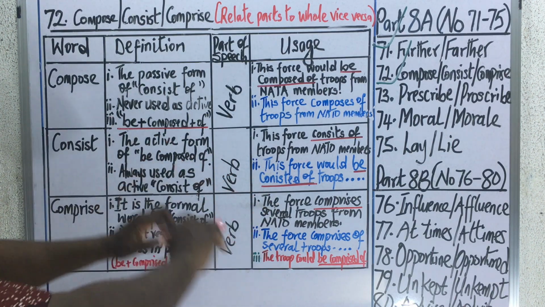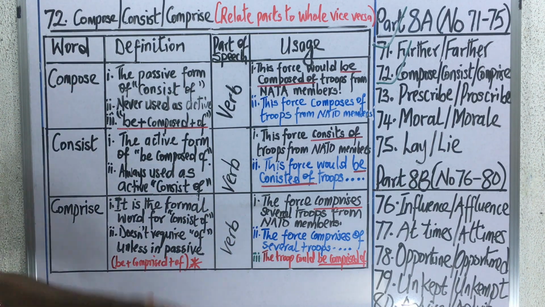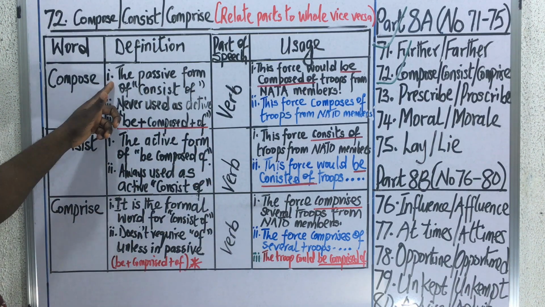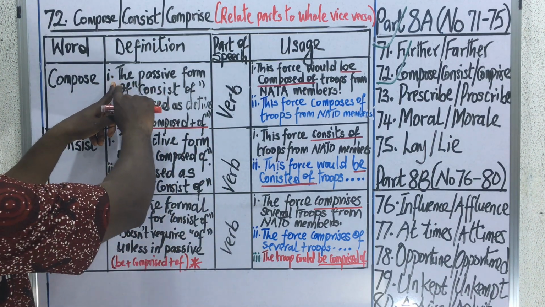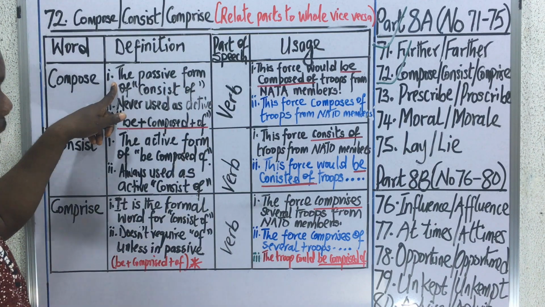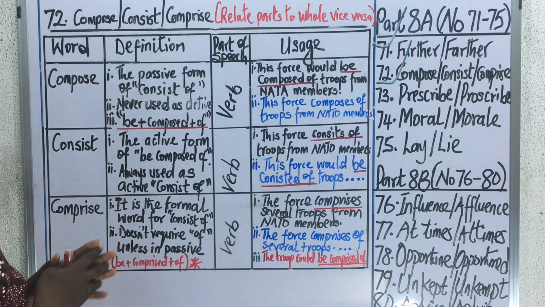So that is the first landmark that affects this word. It can only be used as passive. So what I have here is something like the passive form of consist of, the same thing as made up of, or composed of, right?